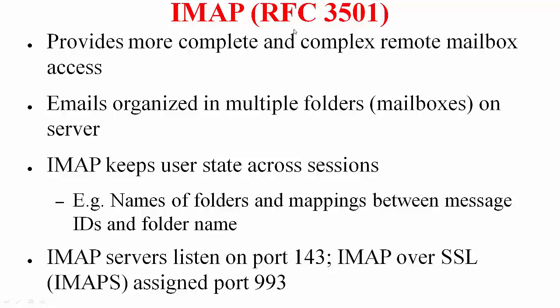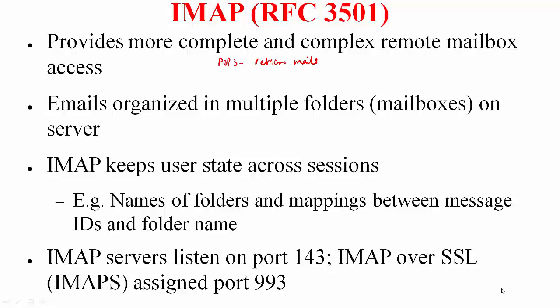IMAP, as defined in RFC 3501, provides a more complete and complex mailbox access. The difference between POP3 and IMAP can be best understood in the following fashion. POP3 is about retrieving mails from the mail server.